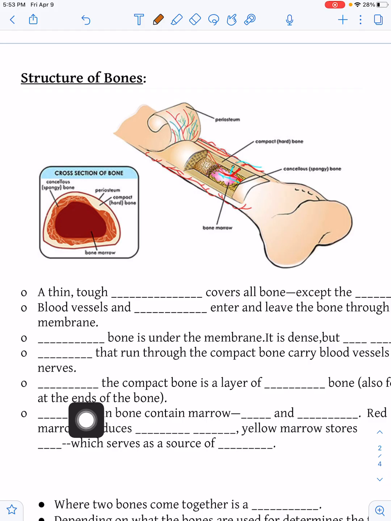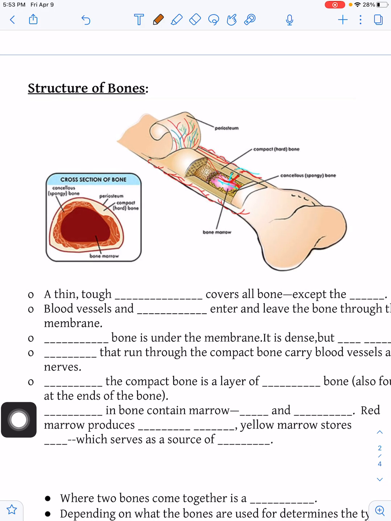So the bone has a thin, tough membrane that covers the bone. Let's write in membrane. A thin, tough membrane covers all bone except the ends. The ends may have cartilage, or they'll have another type of tissue there.